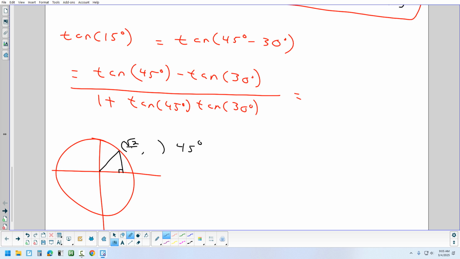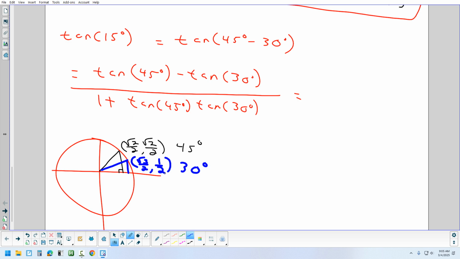We're not there yet with the 30, but we might as well write it down so we have it. What's the coordinates for the 30? Yep. Root 3 over 2, 1/2. So you're still using the same numbers, we're just going to get different results because we're not using sines and cosines.